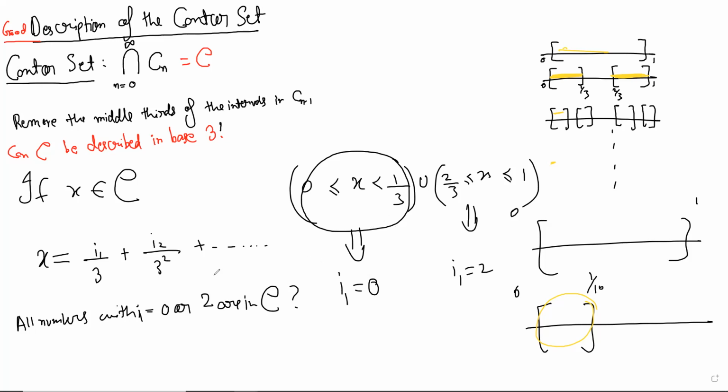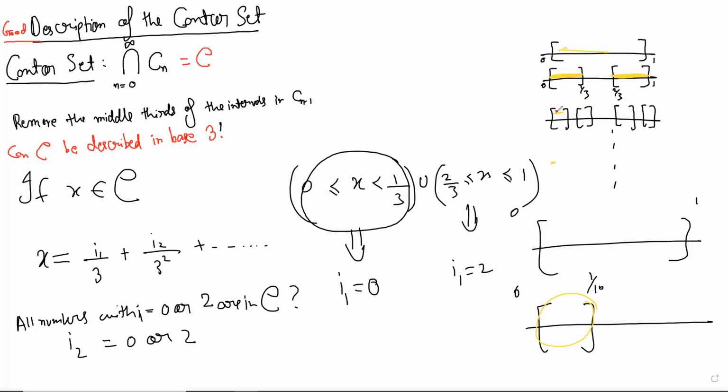That's right. What can you say about I2 then? You can just extend it, as Raghav said. I2 equals 0 or 2, if you forget this boundary case for a second.